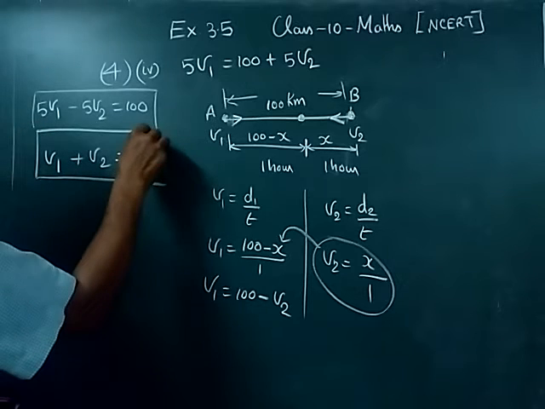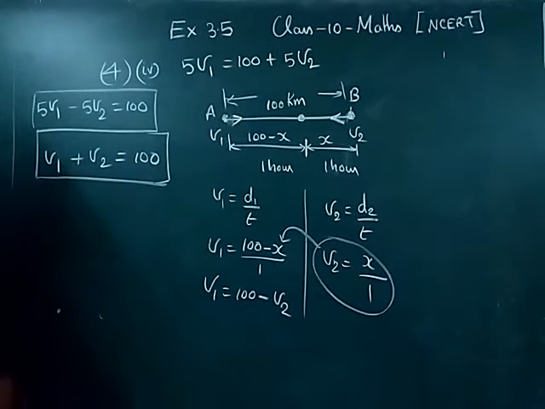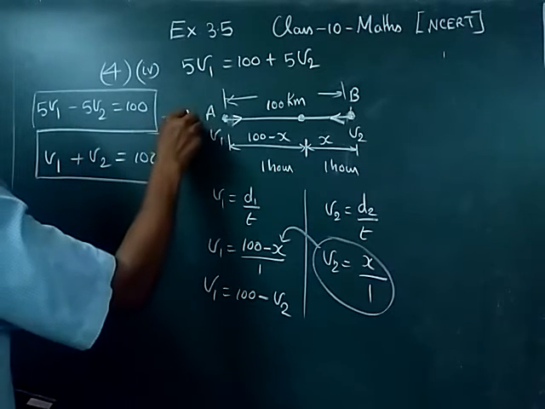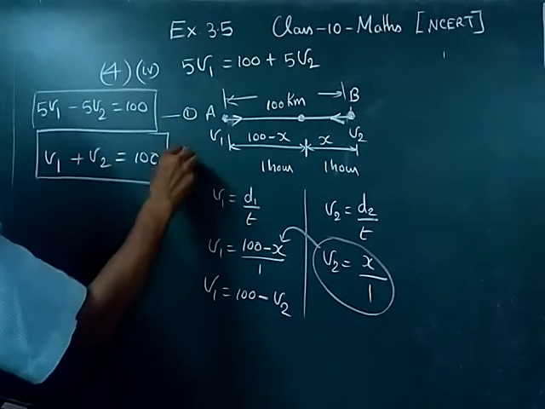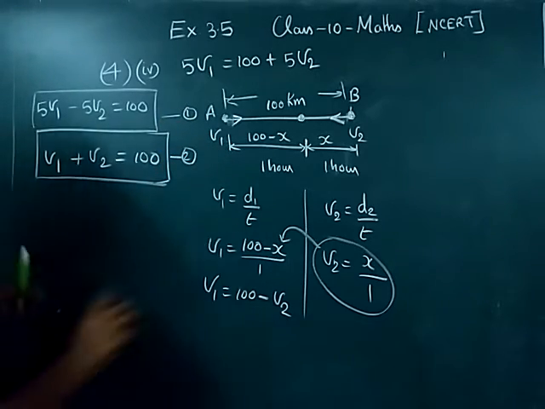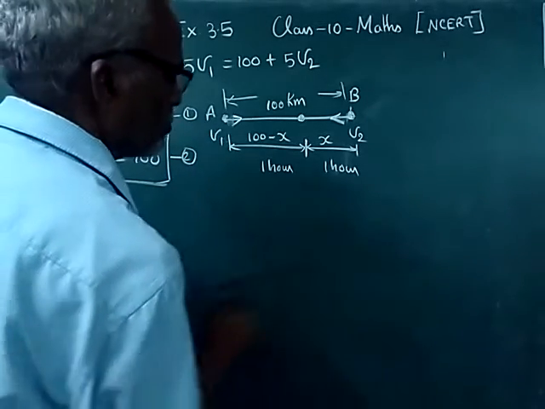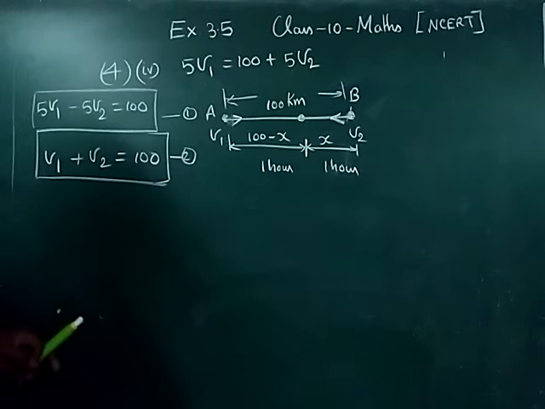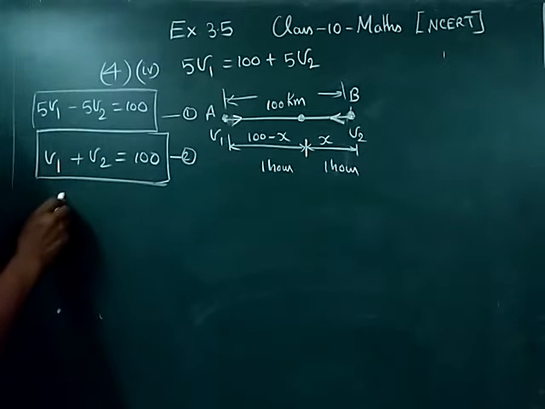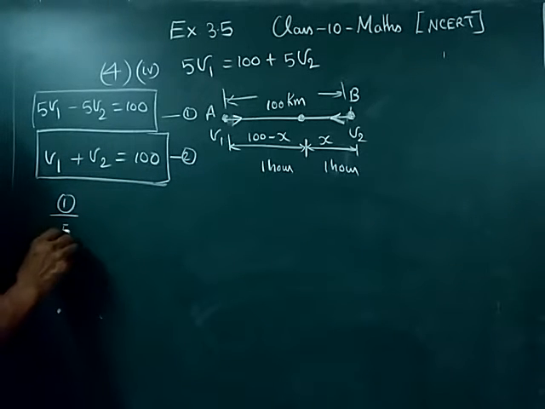Okay. Now this is equation 1, this is equation 2. What you do is divide the first equation by 5.